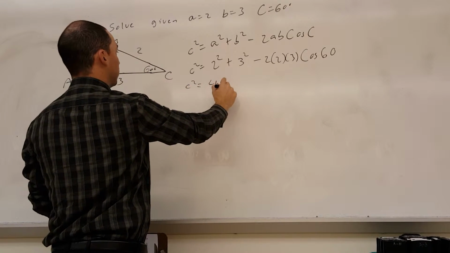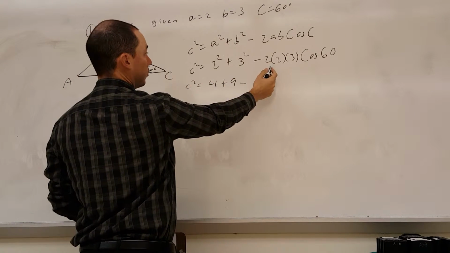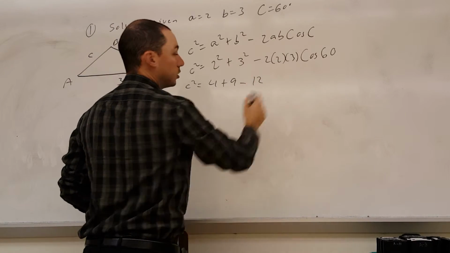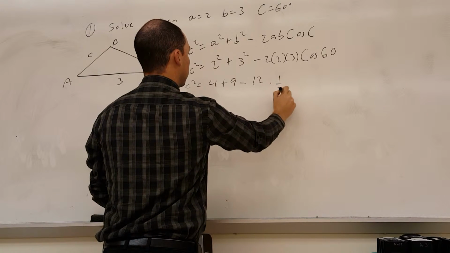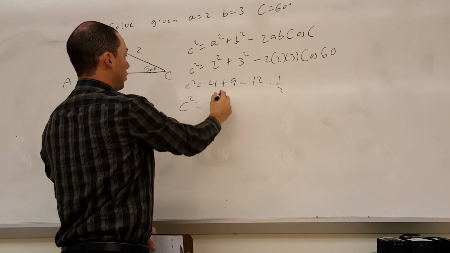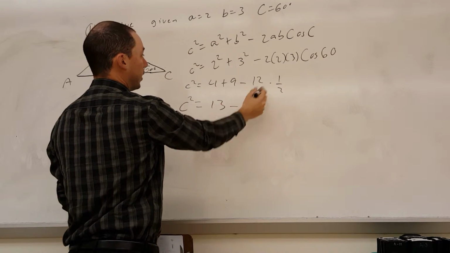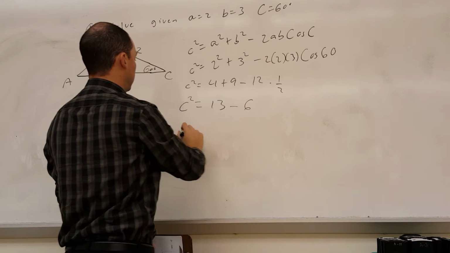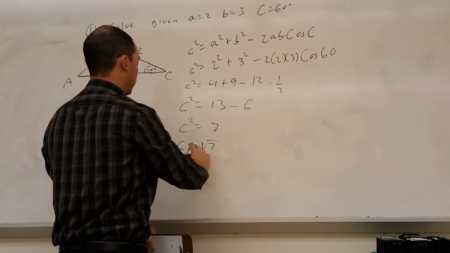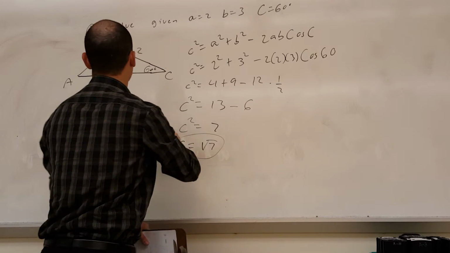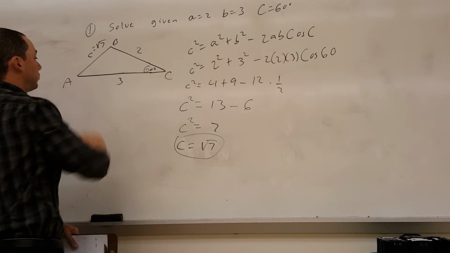And we got 4 plus 9 minus 12 times cosine of 60, that's a special value. Cosine of 60 is 1/2, so 12 times 1 over 2 is 6. 13 minus 6 is 7. C squared is equal to 7. C is equal to the square root of 7.